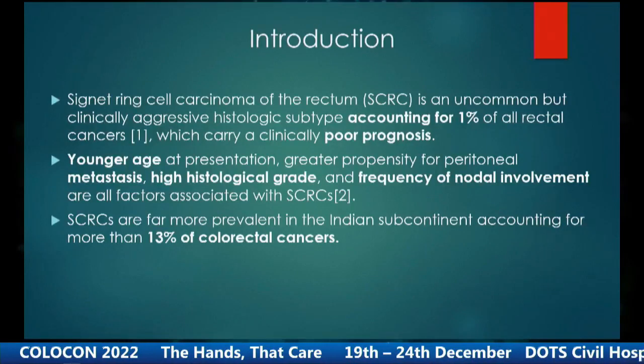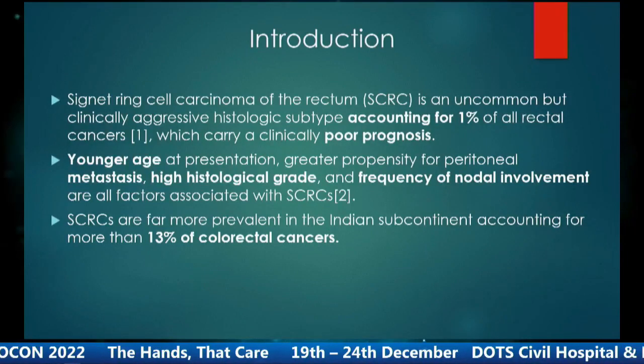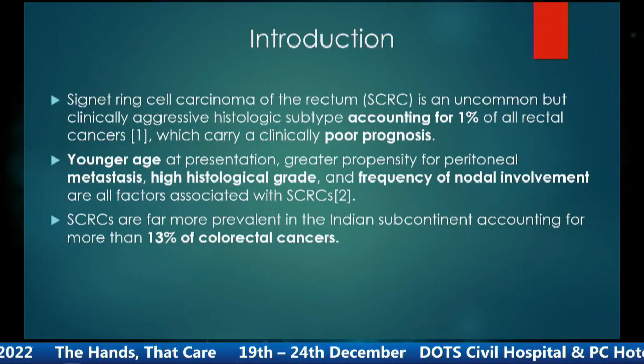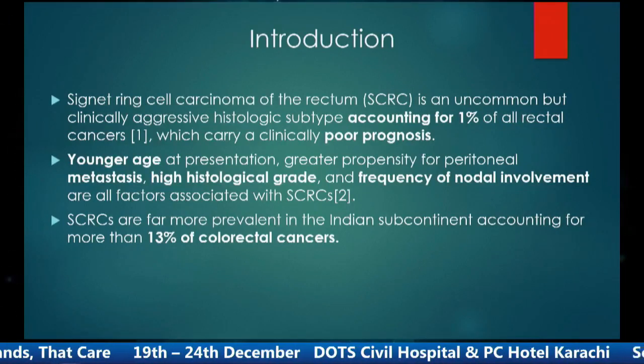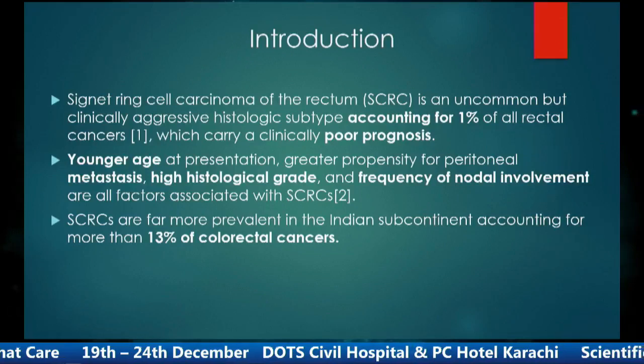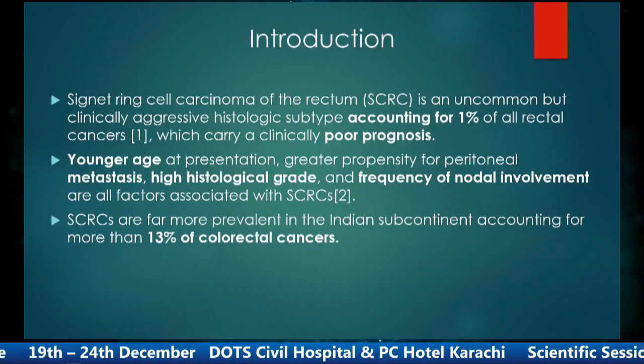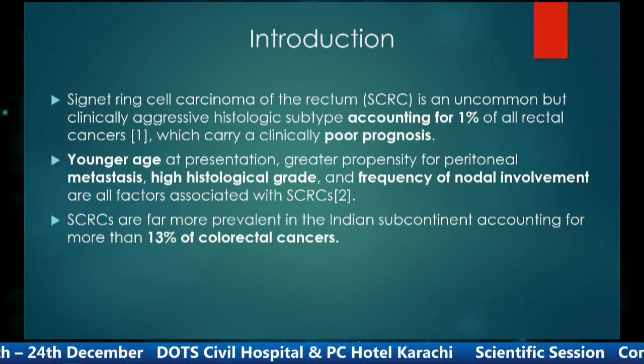The literature shows that signet ring cells are more prevalent in the Indian subcontinent region, with an overall 13% prevalence rate as compared to 1% in the Western population.